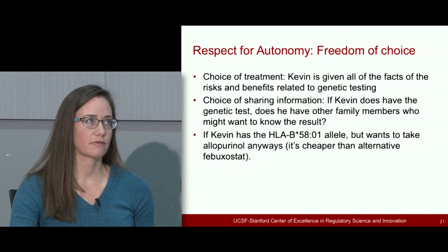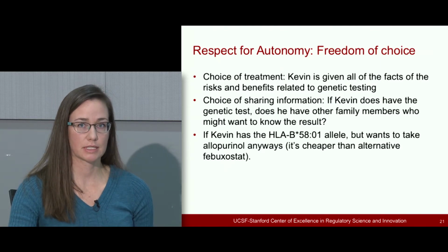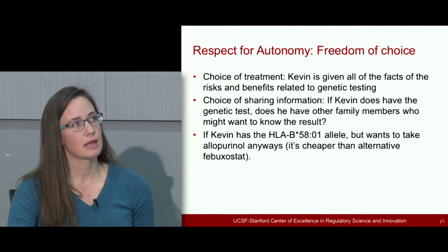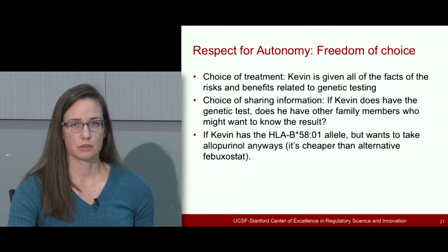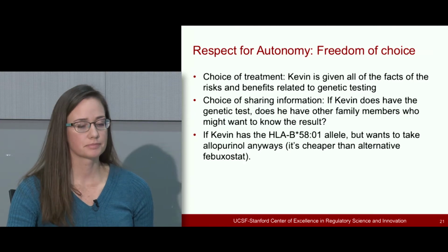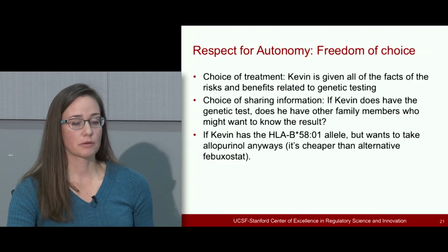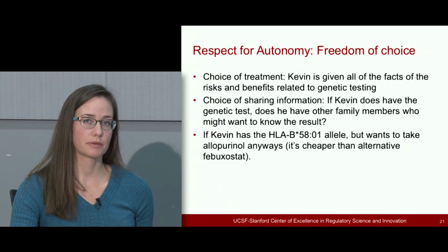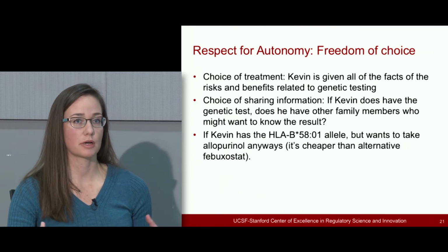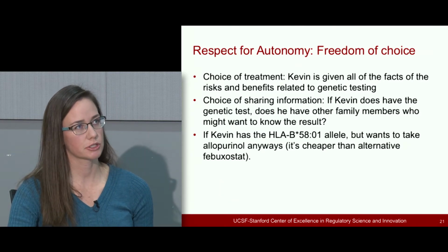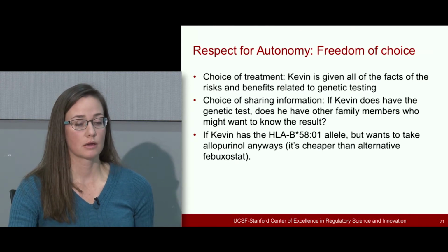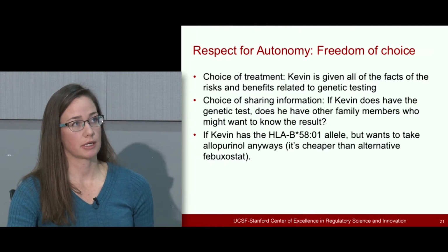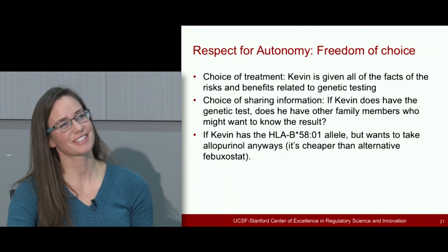Is Kevin given all the facts of the risks and benefits of receiving genetic tests? And is he given the choice of deciding what he wants to do with whatever result he gets? How do we want to share this information? Do we want to keep the information in the medical record? Do we want to only use it this once for this one treatment? Does he have other family members who may benefit from knowing what their risk allele might be?